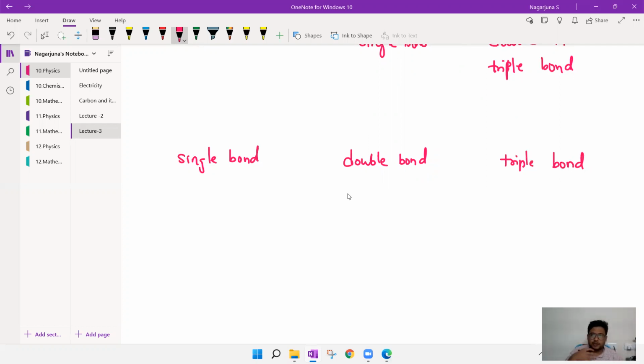And we can increase the number of carbon counts also. If we increase carbon counts, we can draw hydrogens for one carbon, for two carbons, for three carbons. When carbon count is increasing, there are a few names we need to understand. I'll tell you those root words.